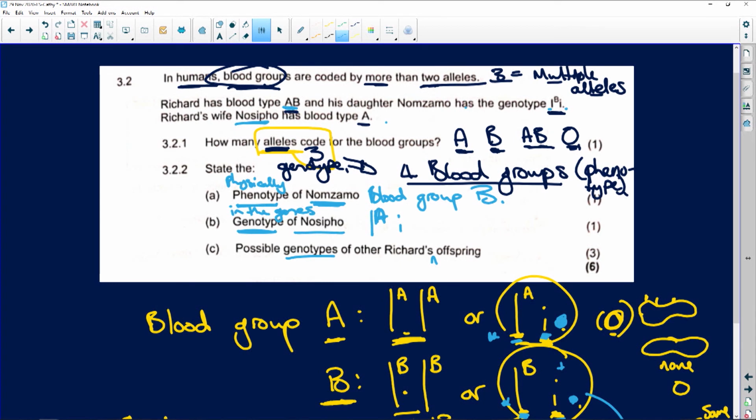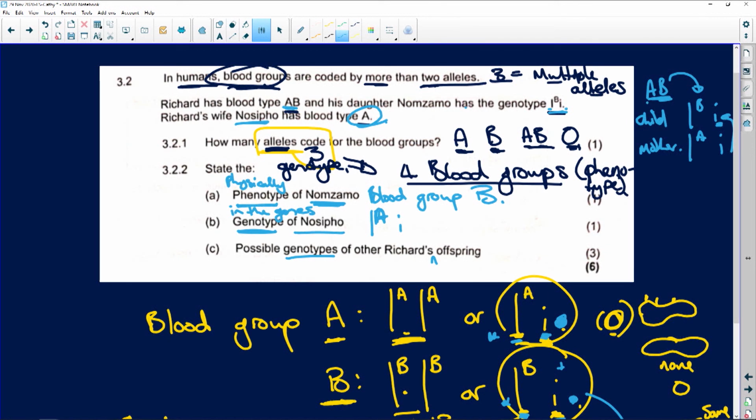His child is BI. So if we look at this, he is AB, the child is BI, the mother, there's no I here, can you see? So the mother we know is A, but she must be AI, because how did the child get the I? So the child got the B from dad and the I from mom.